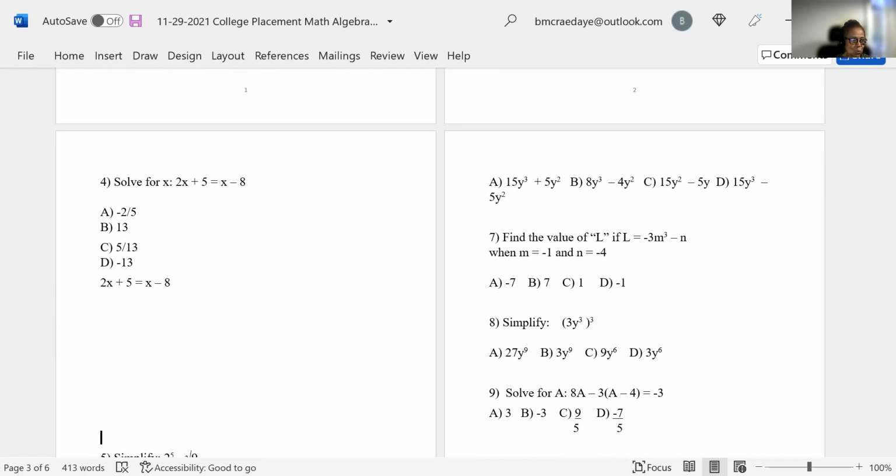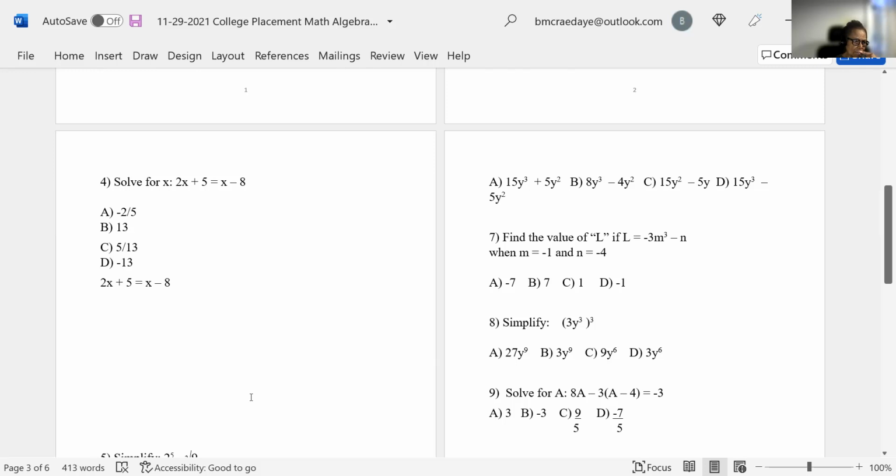By saying x and x is 0, right? No, you want to get your x's together. In other words, you want the 2x and the x on the same side. And you want the 5 and the -8 on the same side. So let's start with the x's. How do you get this x on the right over on the left? What would you do? What operation?